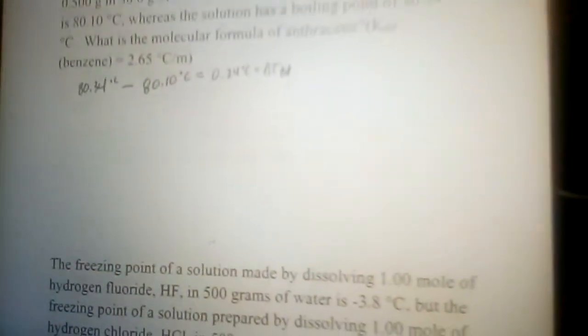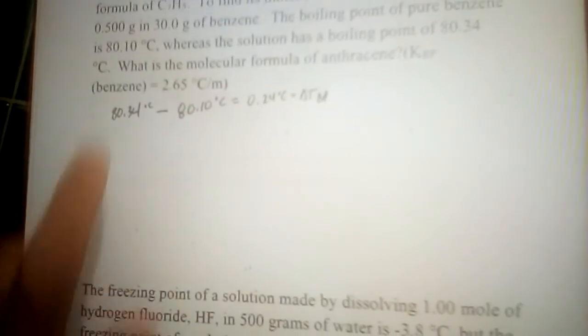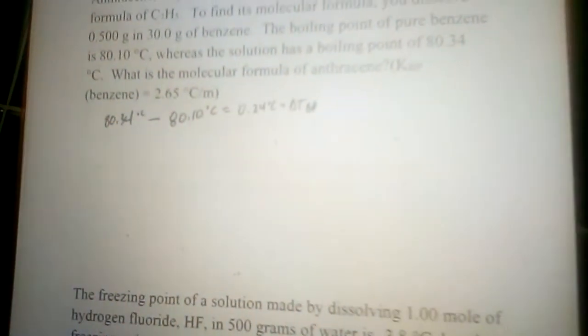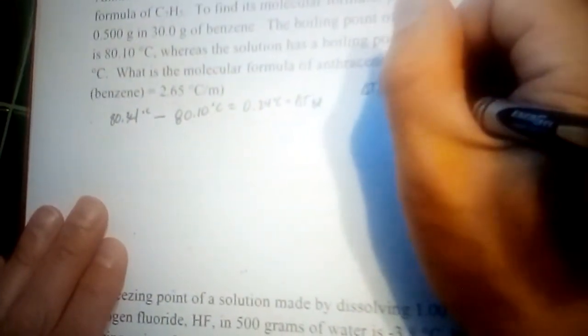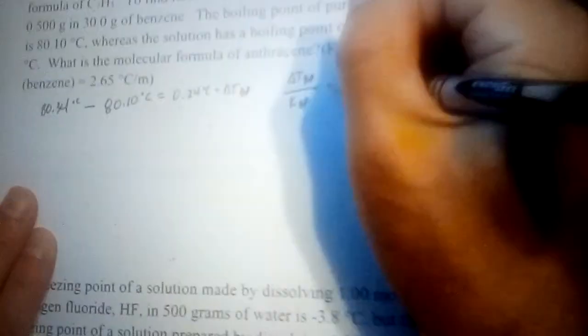The boiling point. Now, once we have delta T for the boiling point, we already have the constant up here. For boiling point, molality is on one side, so I just divided through by the constant.